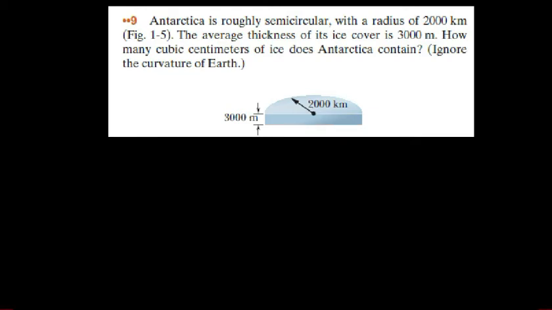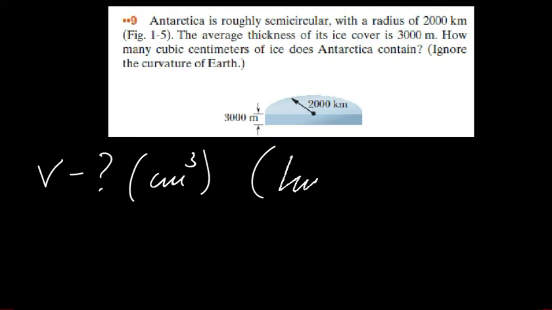So, the first thing to do is to understand that we are asked to find its volume in cubic centimeters. Also, I want to add something to this problem, and we also calculate it in cubic kilometers.